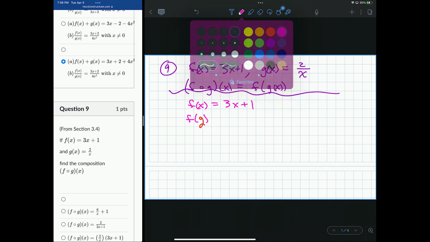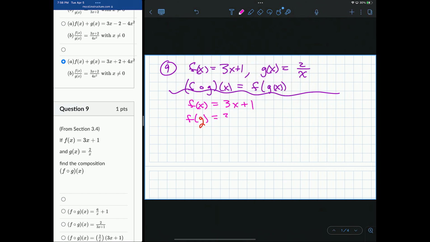What would that be? Well, it would be the same thing we just wrote, but we are replacing the x with a g. So it looks like this. So this is f of g. And then what I'm going to do is now replace the g with the formula for g.